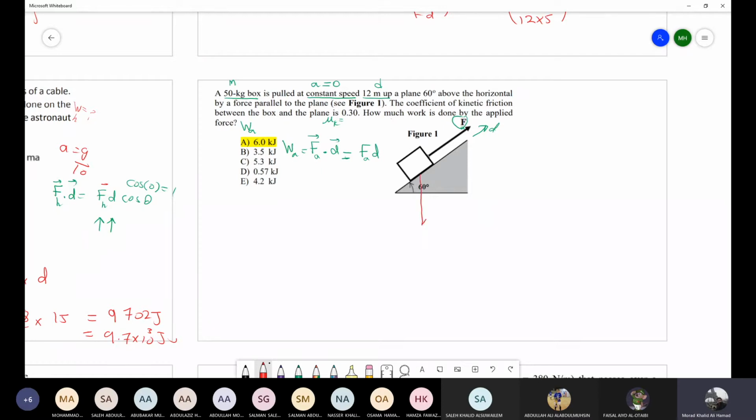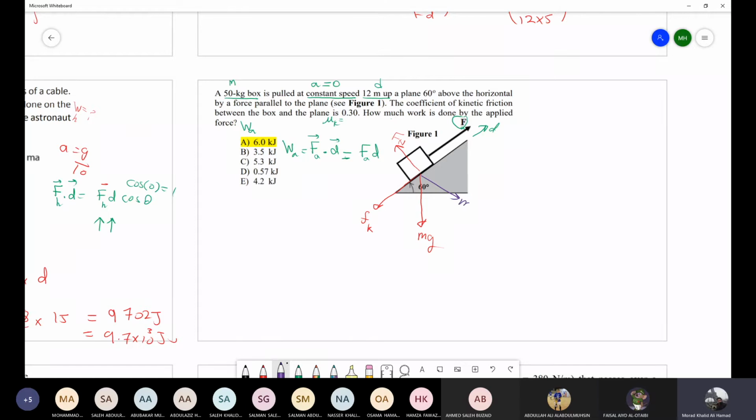We have mg, the normal force Fn, and since we have friction, the frictional force. But I need to analyze mg because it is not vertical nor horizontal.